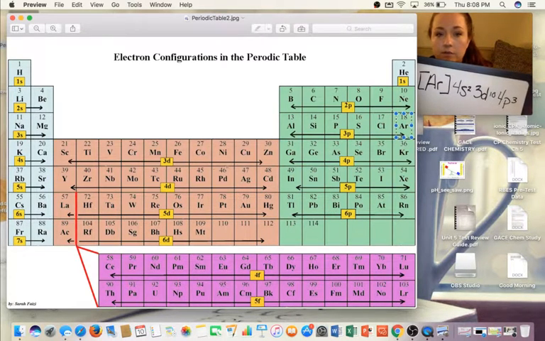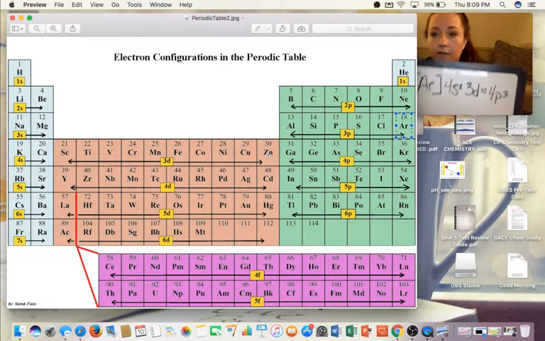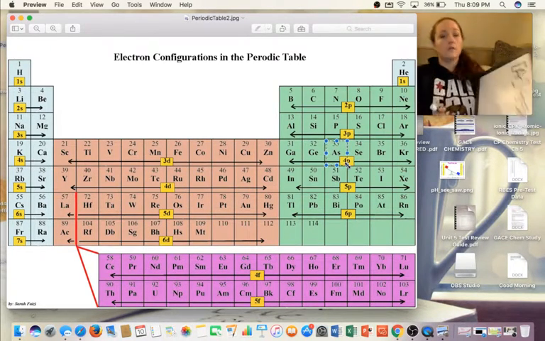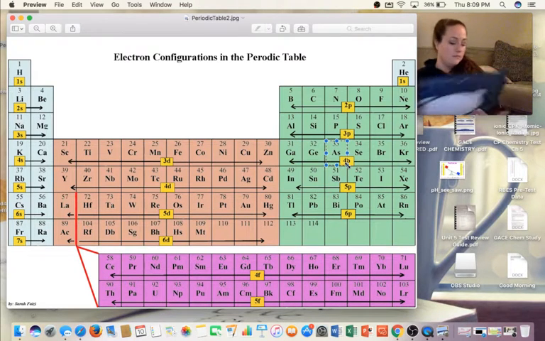So here's our 3ds. 1, 2, 3, 4, 5, 6, 7, 8, 9, 10. Now it tells us 4p3. So again, that's 1, 2, 3. The element we are looking for is arsenic, As, atomic number 33. So the correct answer is arsenic.